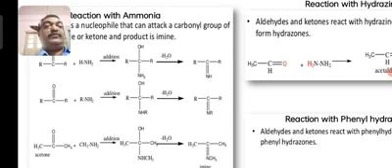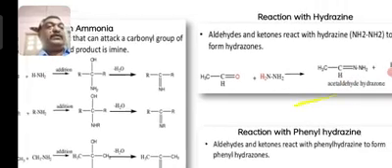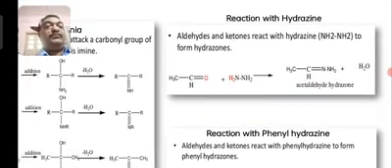So what is an imine? R-C(R)=NH. Both aldehydes and ketones, when treated with amino compounds, amino derivatives, will definitely form imines. Similarly, you can see another amino compound, NH2NH2, hydrazine. Hydrazine also reacts with aldehydes or ketones to form the corresponding aldehyde or ketone hydrazones.